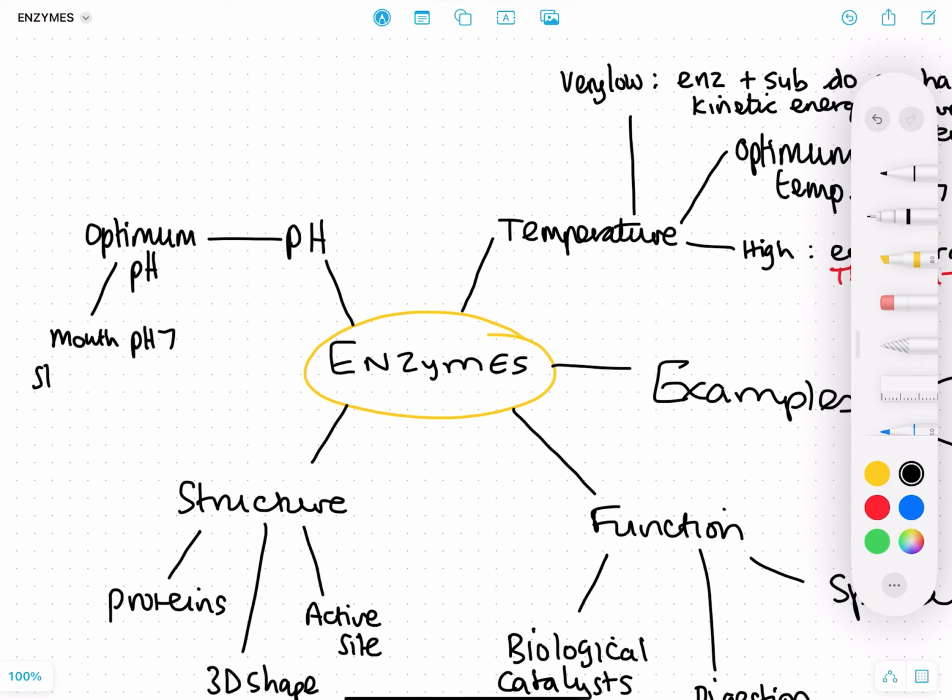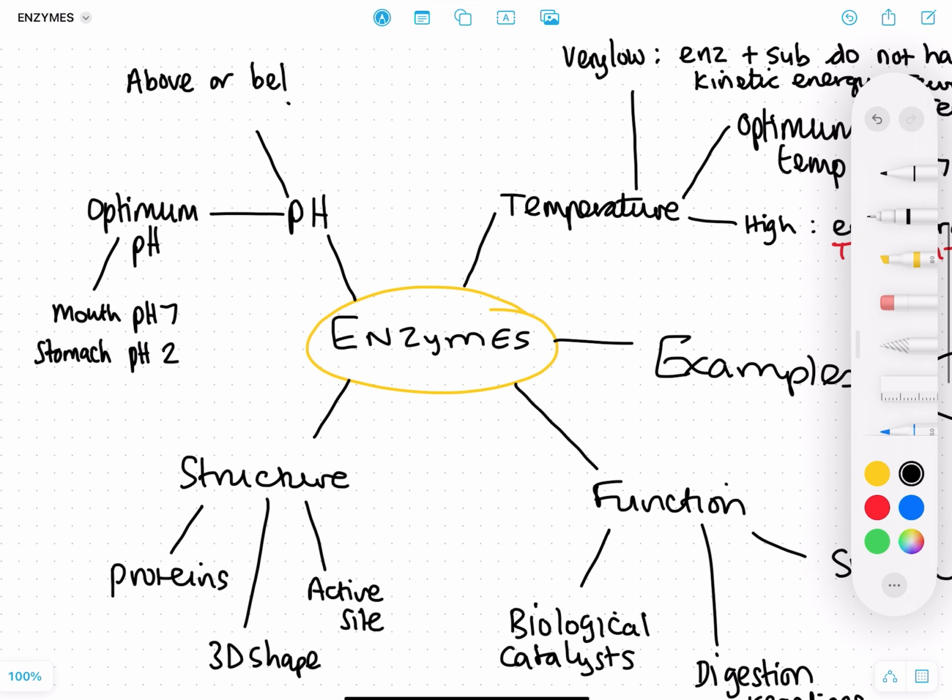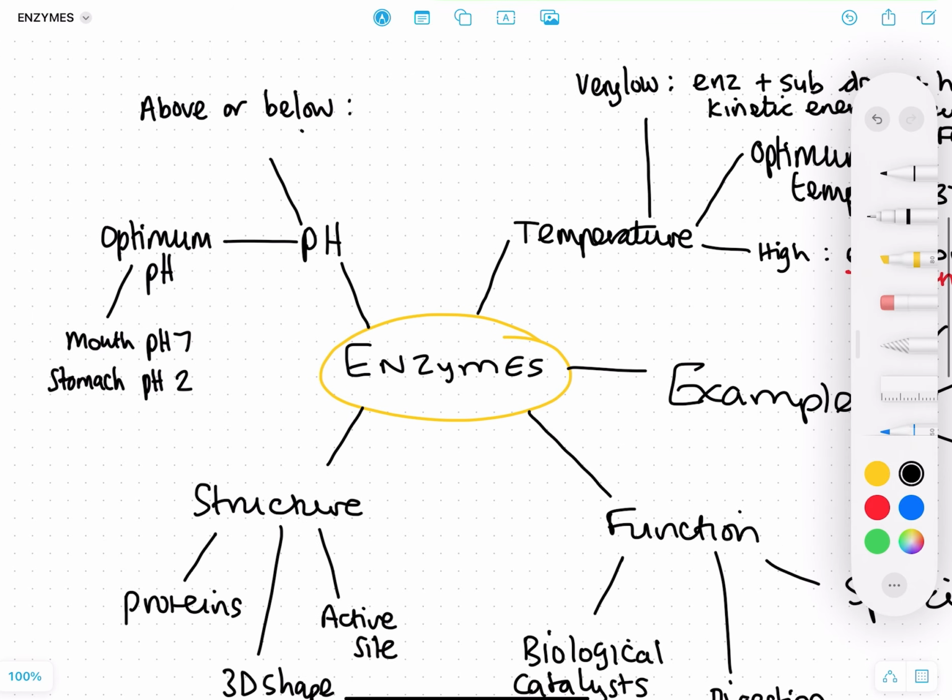The stomach is very acidic due to hydrochloric acid. So this means the enzymes have a much lower pH for their optimum, for example, pH 2. If the pH is above the optimum or below the optimum, we can use this keyword denature again because the active site changes shape.